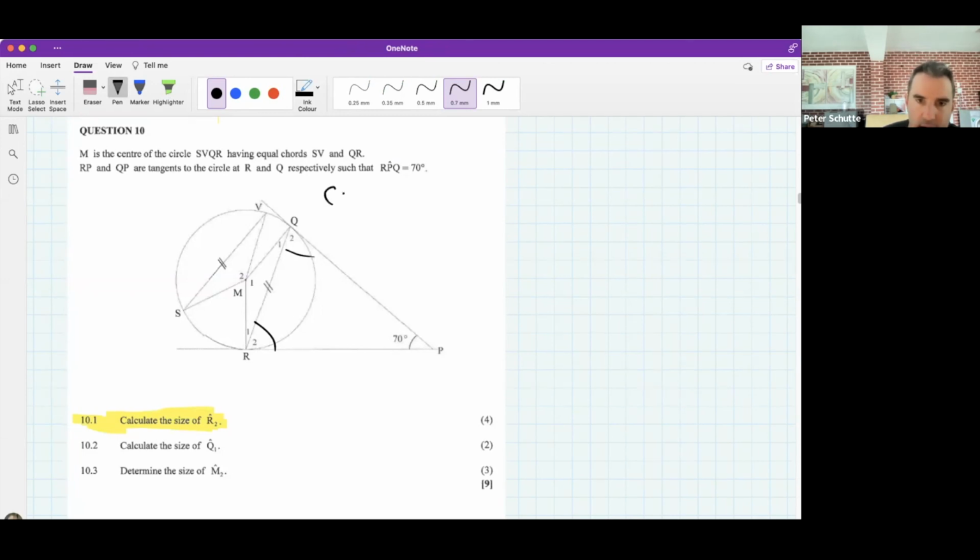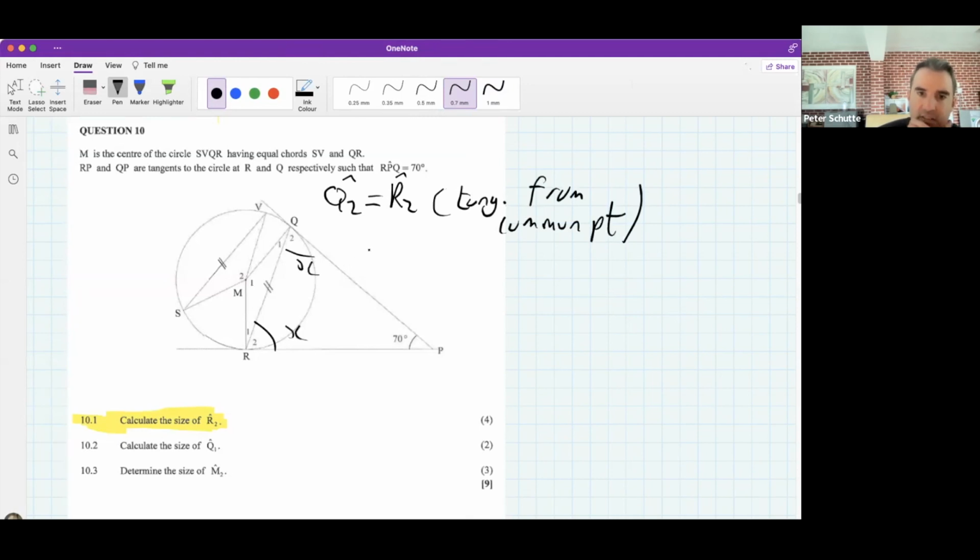Yeah, love it. So the way I would write out what Lesego just said is R2 equals Q2. And the reason for that is tangents from a common point. So we know those two are equal. And basically, if I make that X and that X, we also know that 2X plus 70 is 180 because of the sum of angles in a triangle.